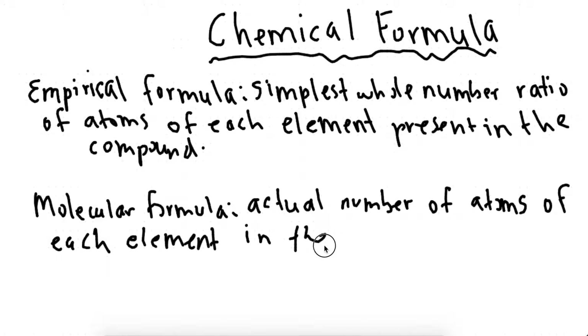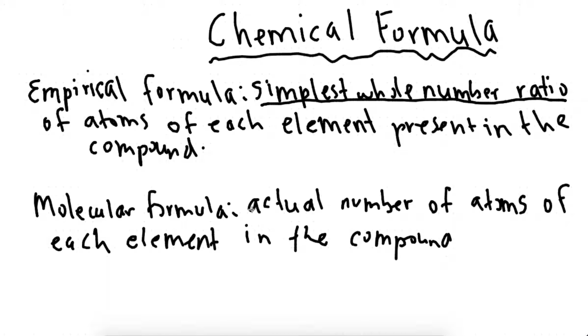So basically, what is the difference in terms of definition? Empirical is, this is the keyword, simplest whole number ratio. This is the word they are looking for. Whereas for molecular formula, the keyword is actual number.